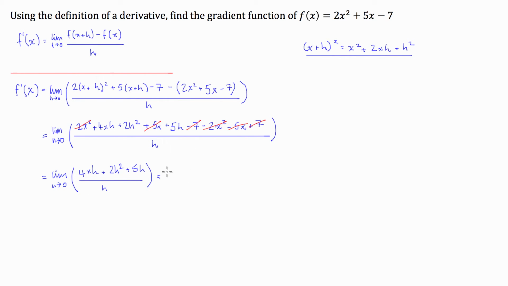So we have the limit as h approaches 0 of, now we're going to factorize the numerator by h. And then we're going to put that over the denominator. Now it's pretty easy to see that these two can cancel each other out.